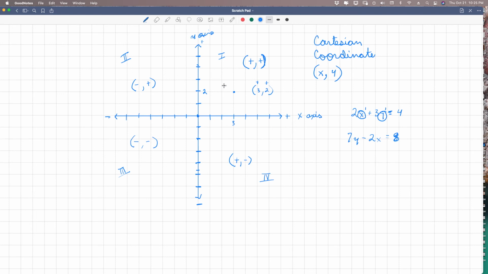Don't forget about drawing your C, or writing the letter C to help you remember the order of the quadrant numbers. 1, 2, 3, 4. All right, and then don't forget your signs in each one of these.